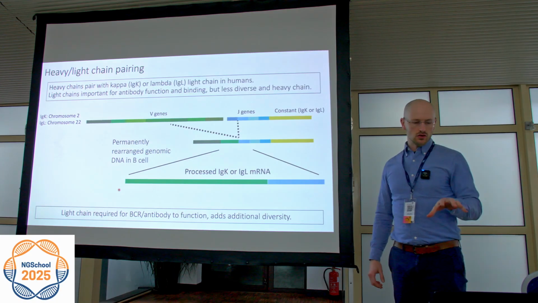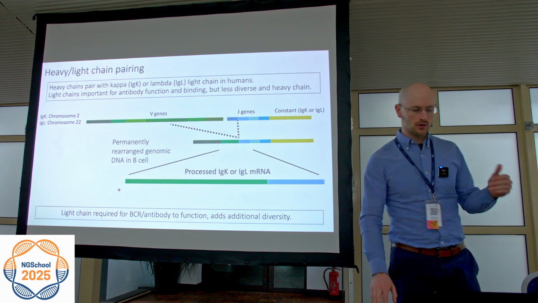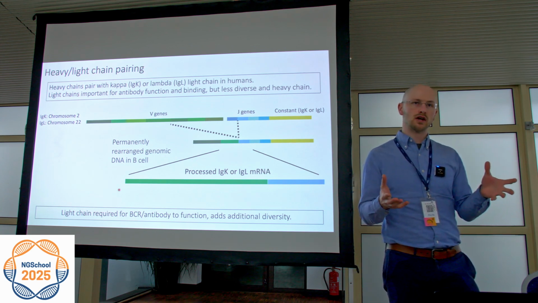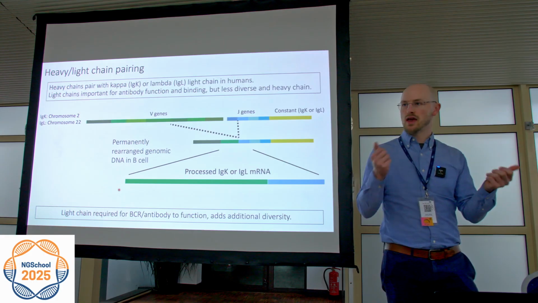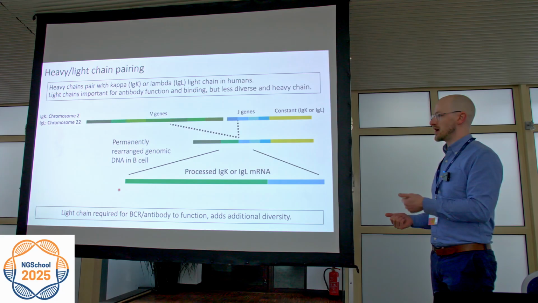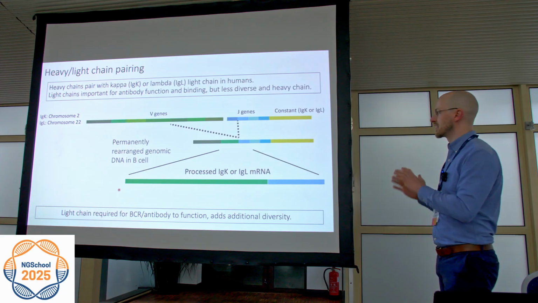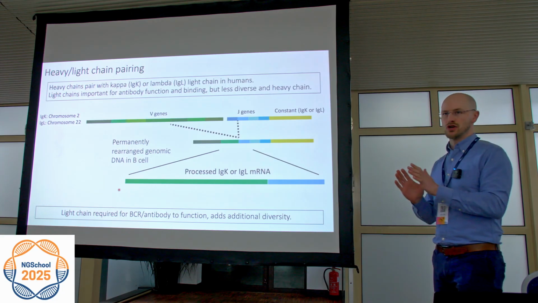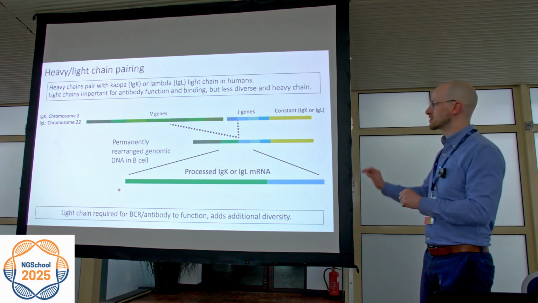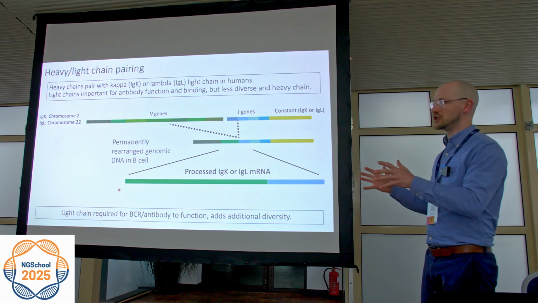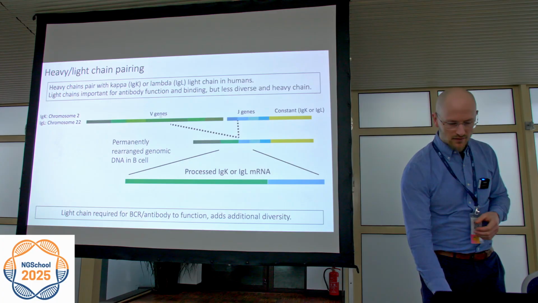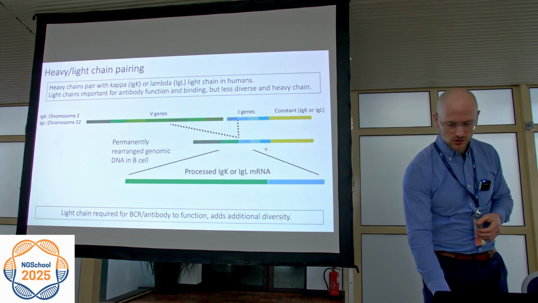So in addition to the junction region, there is also the light chain, which, so to form a productive BCR, we need a heavy chain and a light chain. And the light chain undergoes a similar process of somatic recombination. Except for the light chain, there is generally less diversity, so fewer gene segments, and also there's no D gene. So for the light chain, you just have V genes, and they splice to a J gene.